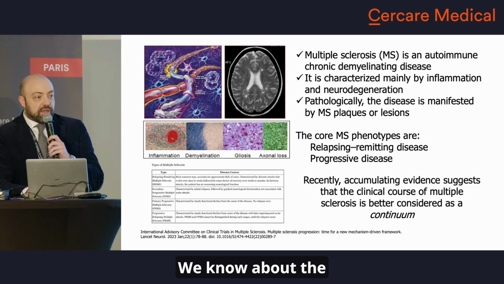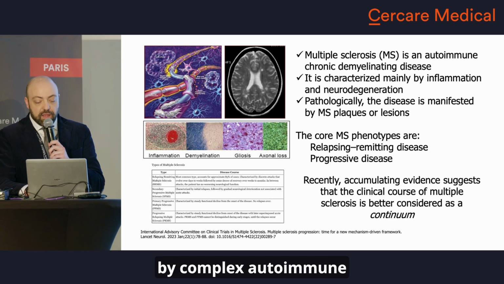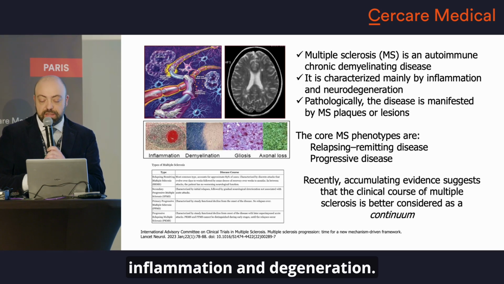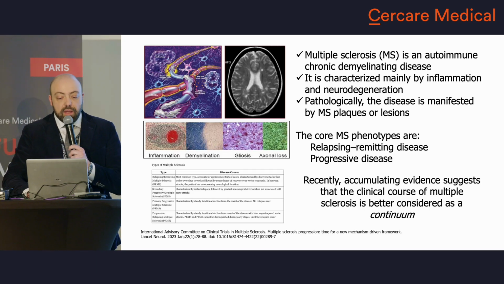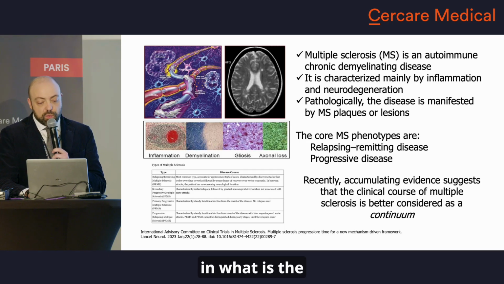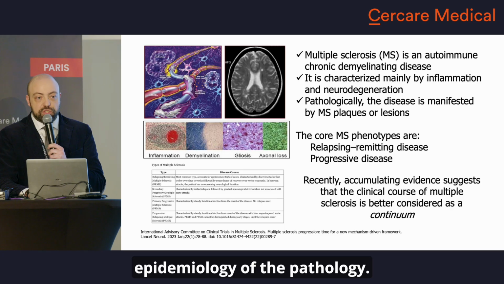We know the pathology of multiple sclerosis is characterized by complex autoimmune demyelination with inflammation and degeneration. What we now know is that multiple sclerosis is changing in its treatment, and also in its epidemiology.